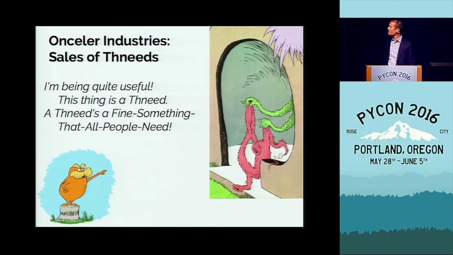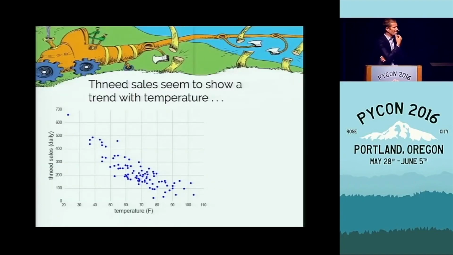But let's say you are a data scientist who is hired by Onceler Industries, and Onceler Industries wants you to project thneed sales so that you can help them do their business more efficiently and hack the truffula tree forest to bits. And you notice, combing through their data, that there seems to be this relationship between temperature and thneed sales, right? And now that's an interesting relationship, and you'd like to predict, based on the temperature, what you think the thneed sales are going to be for any given day, right?